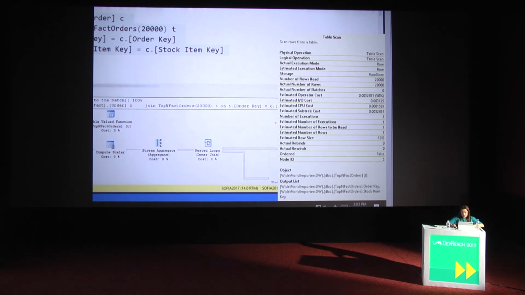The function has this estimated number of rows, here we go, but the actual number of rows that goes through that function is 20,000. The estimation that SQL Server uses for that function to compile the execution plan is 1 row. And probably you will not believe that, but it's hard-coded in SQL Server.